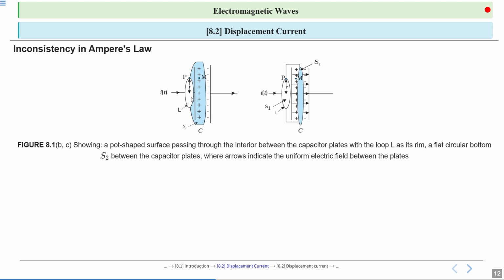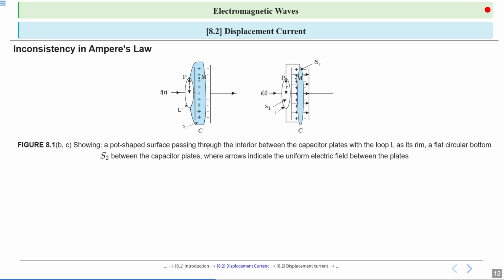Okay, so this pot is placed somewhat like this, with the opening outward from the capacitor plates, and the bottom of this pot is placed inside the space between the capacitor plates. But this surface is not touching the current anywhere.